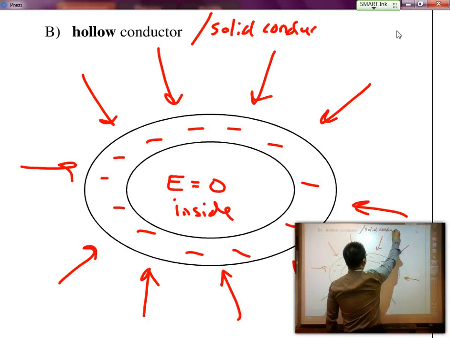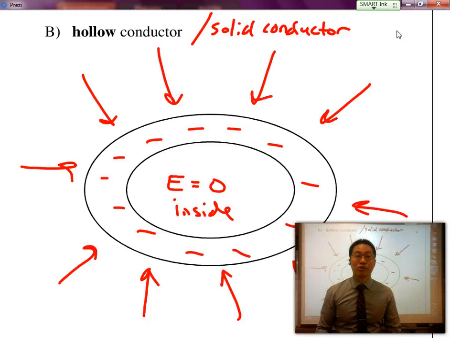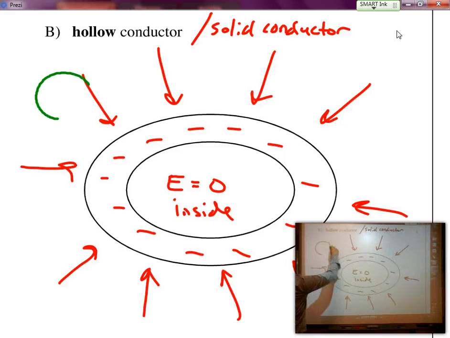And this is true also for a solid conductor as well. The electric field inside any sort of solid conductor is going to be 0, as the charge remains entirely on the outer edge of the solid conductor. So if I were to draw a solid conductor, this is a small example over here.